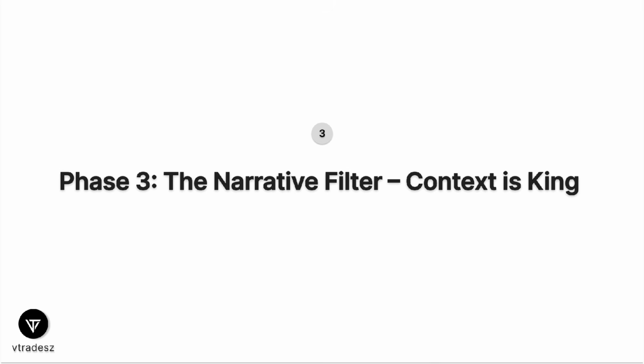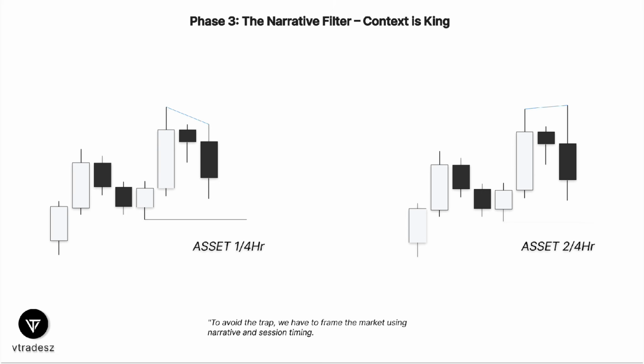To avoid the trap, we have to frame the market using narrative and session timing. Think of the market like a GPS. The GPS has a destination. That is your draw on liquidity. Let's say the 4-hour chart is pushing down toward a massive pool of liquidity below an old low.